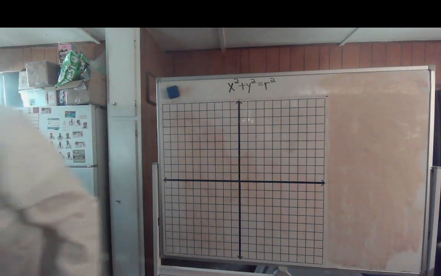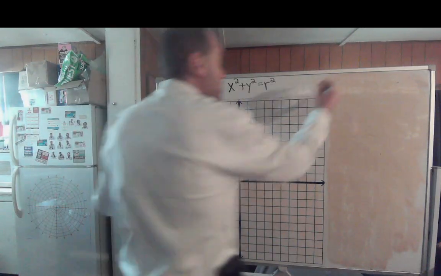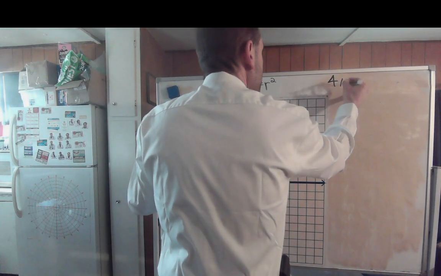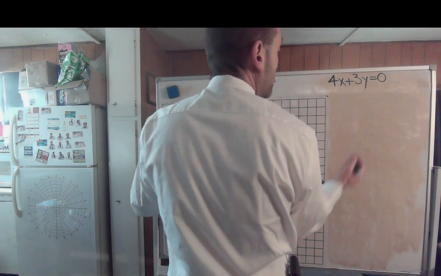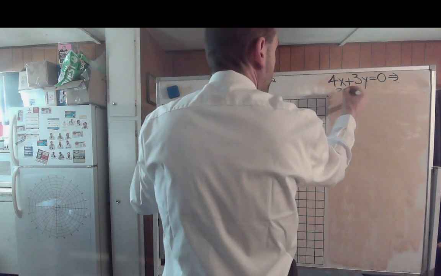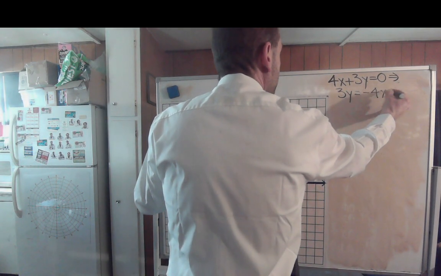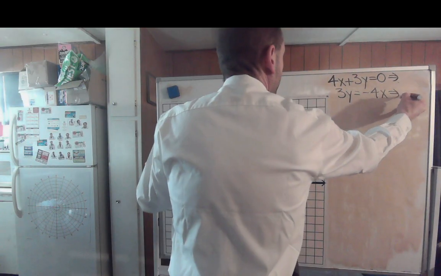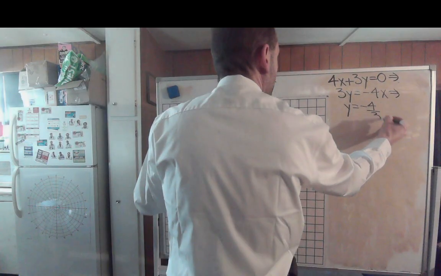All right, last one. We have 4x plus 3y equals 0. So we can turn this into then 3y equals -4x, which finally would mean that y equals -4/3 x.